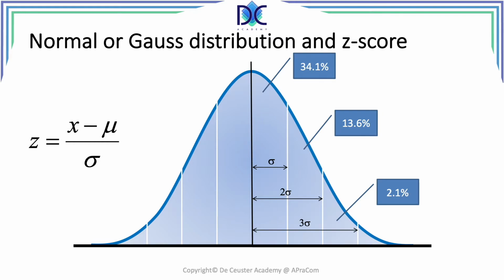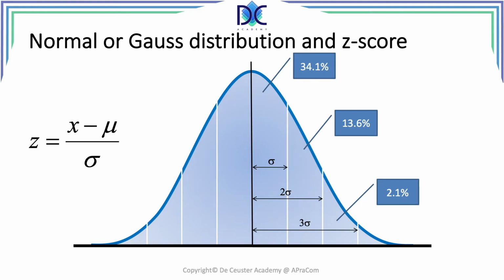Now we have the average, mu, and we look here at the distribution, not at the sample, and we know that between the average and one standard deviation, we have 34.1%, between one and two standard deviations, 13.6%, and between 2 and 3 standard deviations, we have 2.1%.